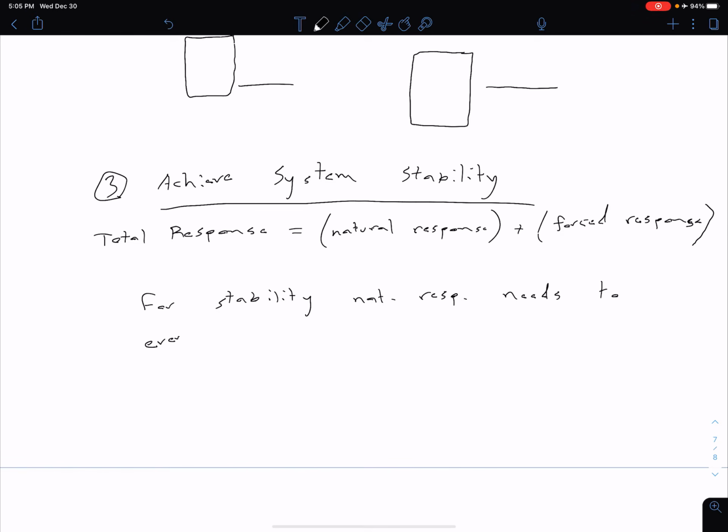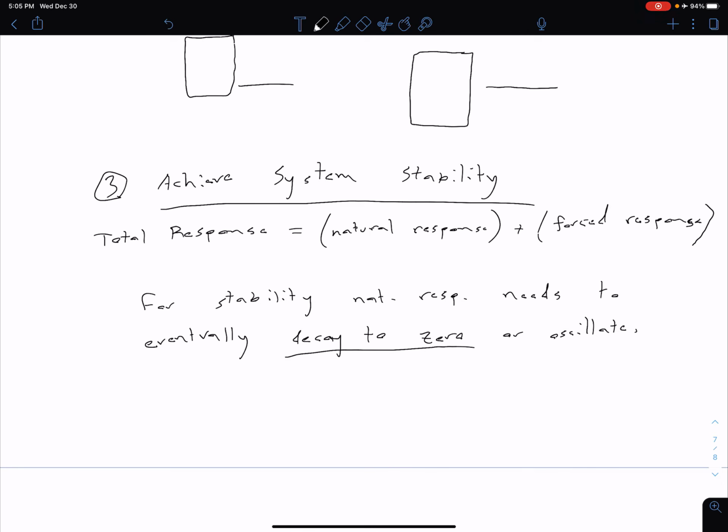We're not necessarily given a time limit just yet because it's going to depend on our system. In most cases, we're going to want that to decay to 0, so go away so that we're just left with our forced response.